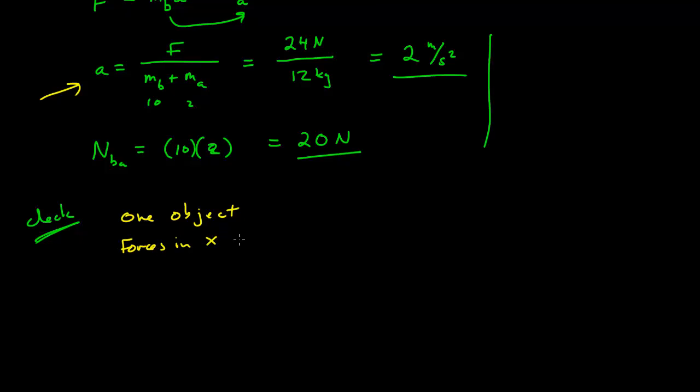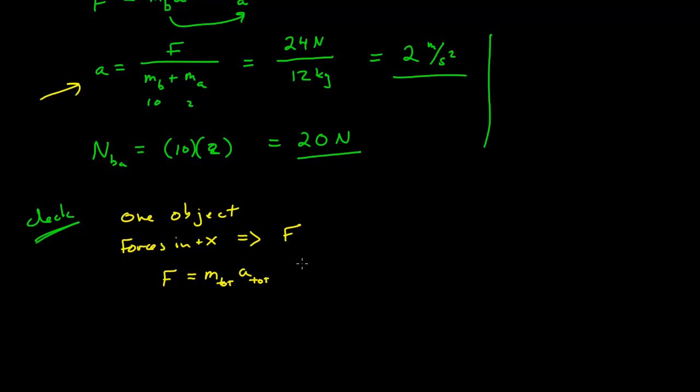In the positive x dimension, there's only one. That's F. So if I do the sum of the forces in the x direction, I only have one force, and that's F. So that's equal to the mass of that one object, which is the total mass, times the acceleration of that one object.